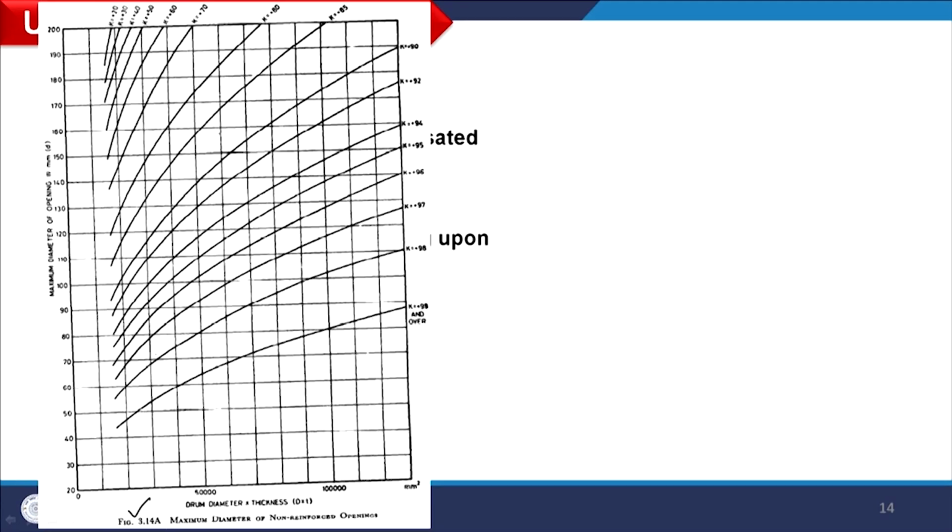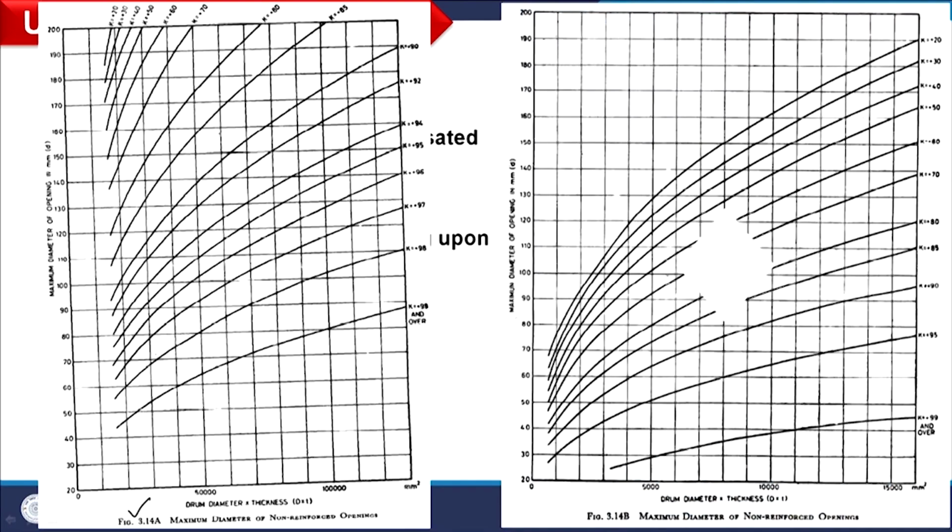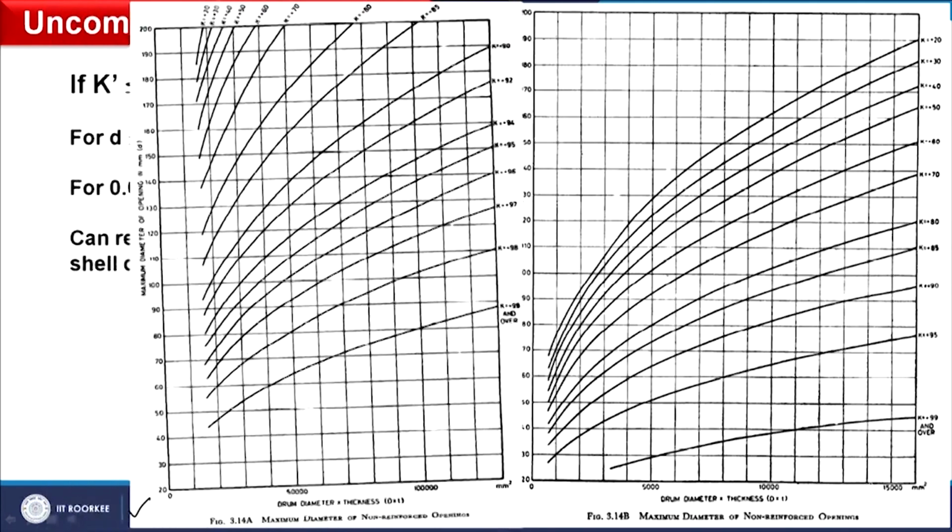This is given in IS 2825, and you can tally that figure; its second part is 3.14b. These figures are available in the code. If you consider figure A, here we have a large x axis, whereas for a small x axis we have figure B. How I have to use these figures, we will discuss.